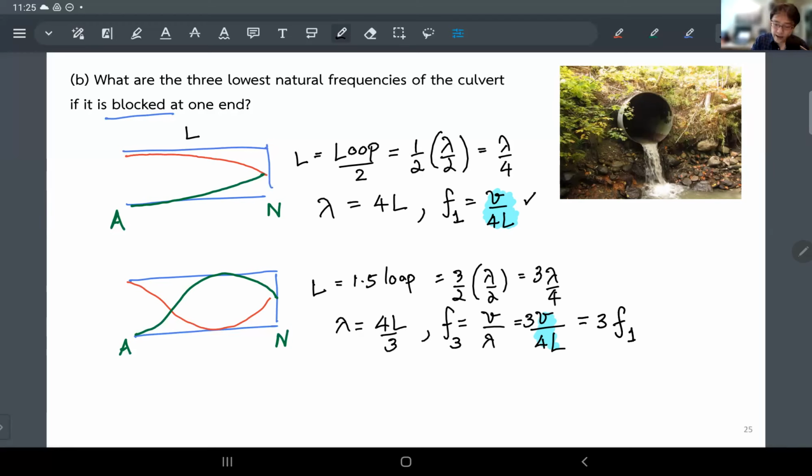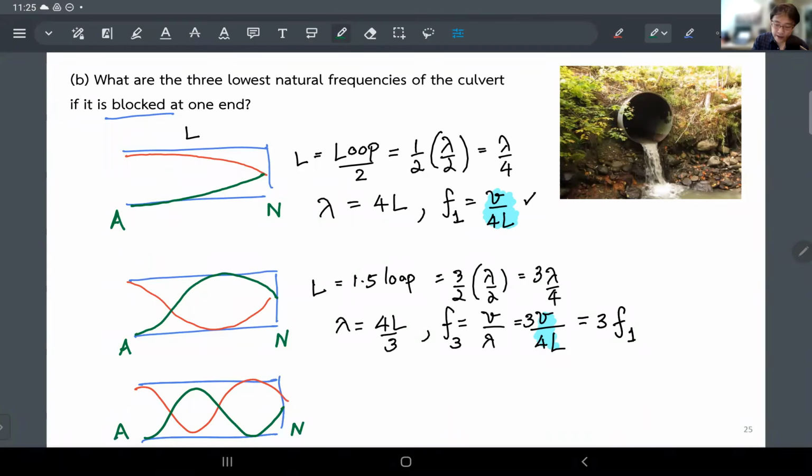Okay. And then we can draw the final conclusion for the next natural frequency that you're going to hear from this one. You just add one more twist to it. So it's still fitting the open end to be an antinode and the closed end to be a node.